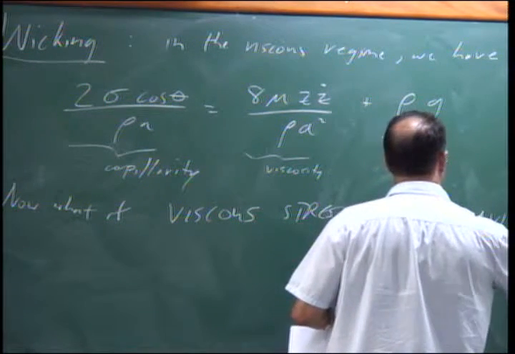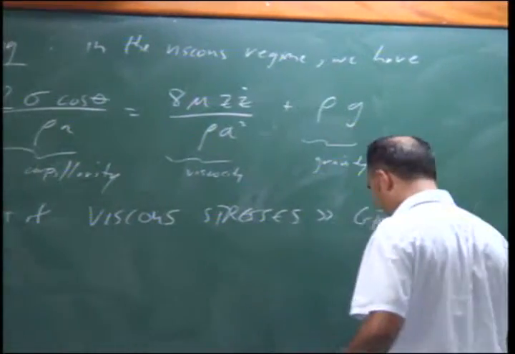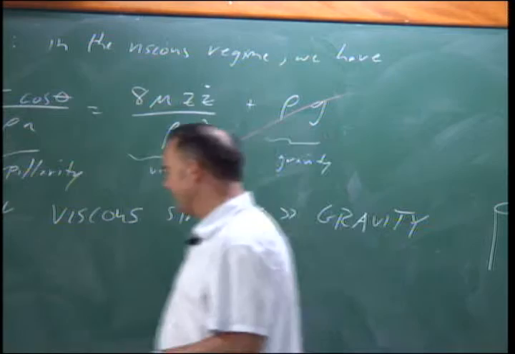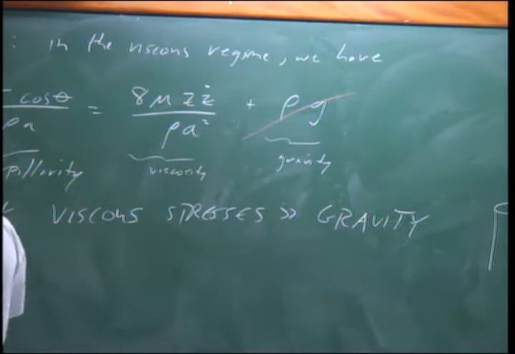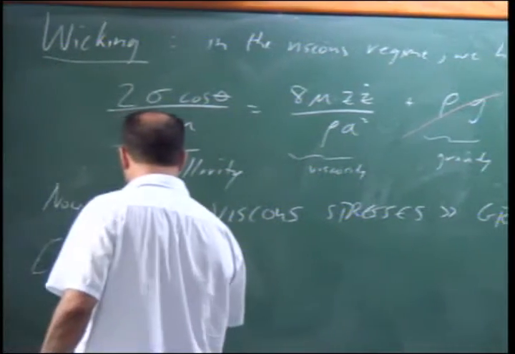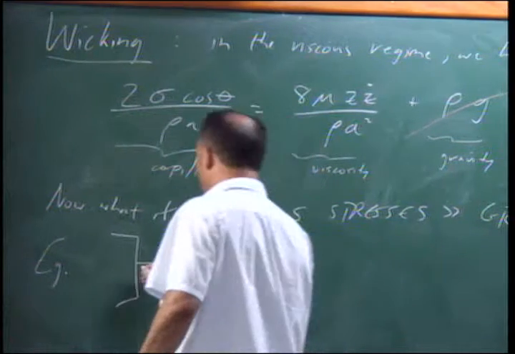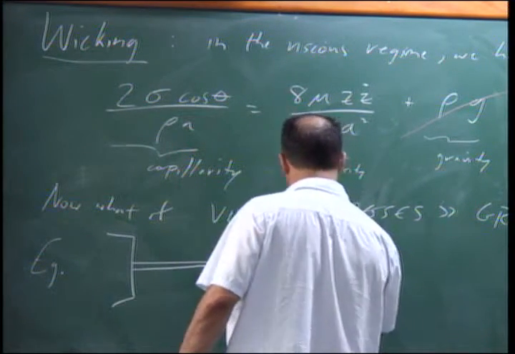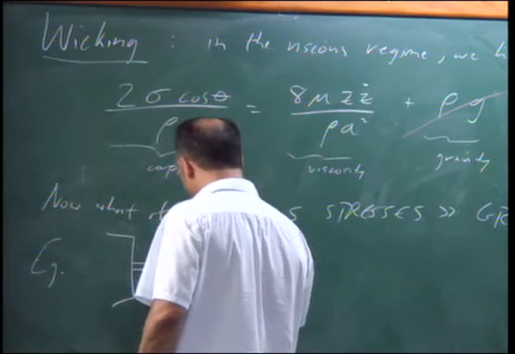Okay, that is to say, we can throw this guy out. And this is obviously the case if we have a horizontal tube. We have an interface moving through here.